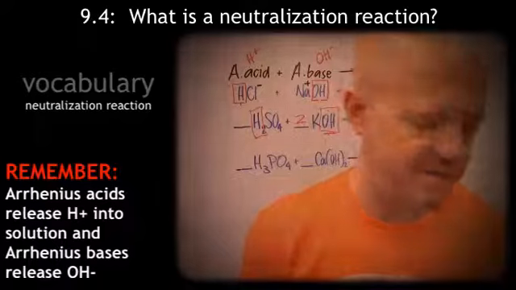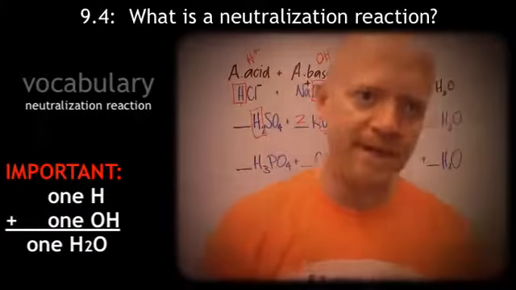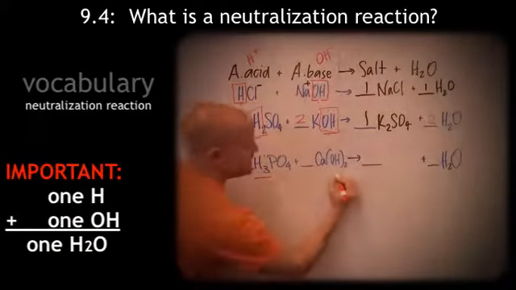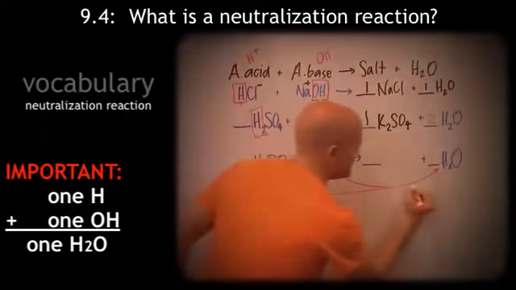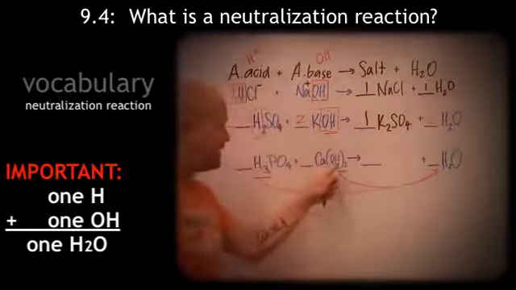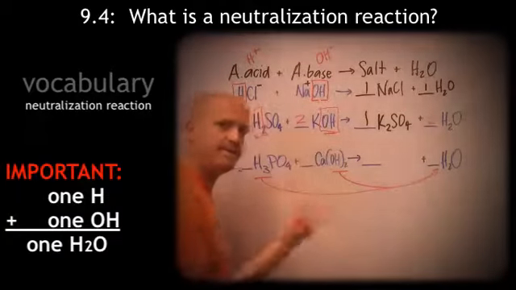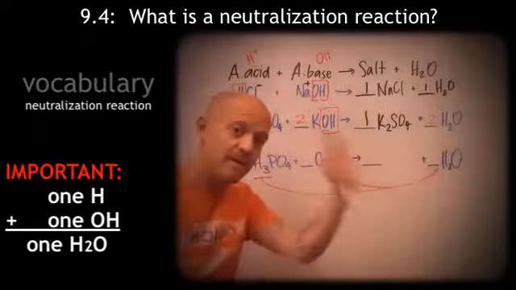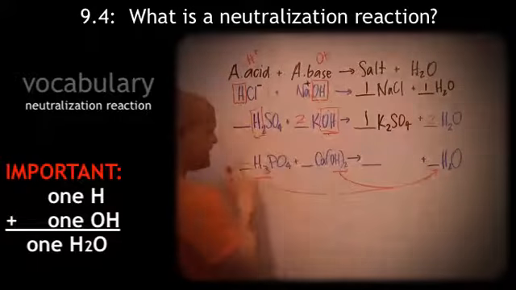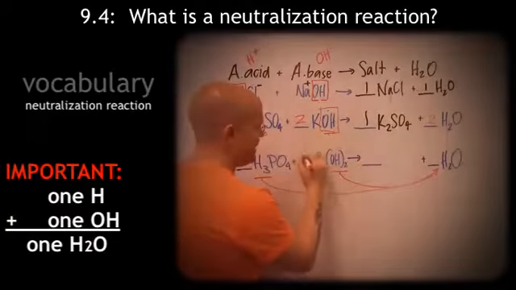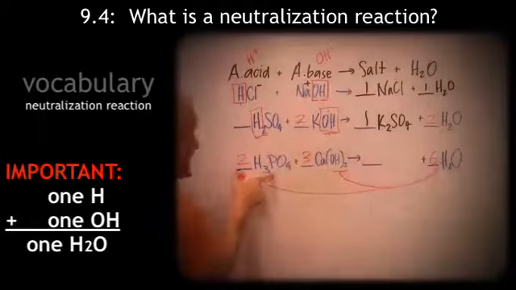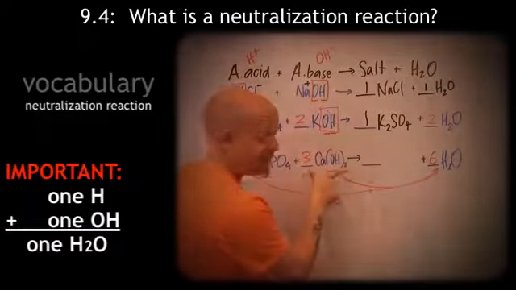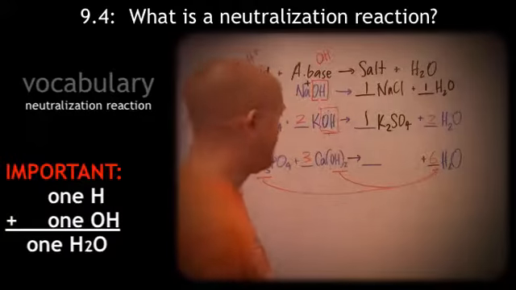So first things first, H's and OH's, match them up. 3 H's, 2 OH's. This does not compute. 2 and 3 doesn't go into each other. They go into 6. Oh, let's make it worth 6. 2 times 3 is 6. That means this has to be a 3. 3 times 2 is 6. 6 H's, 6 OH's, 6 waters.